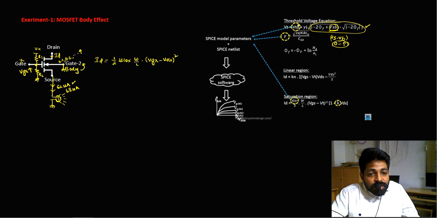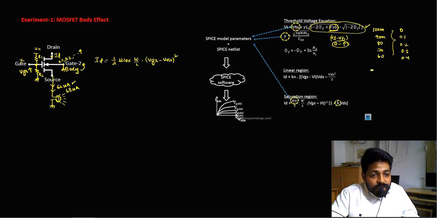So the threshold voltage of the transistor, initially around 100 milli, is becoming 90 milli, 80 milli, 70 milli and 60 milli as the body voltage goes 0, 0.1, 0.2, 0.3, 0.4. As the body voltage increases, the threshold voltage is reduced.